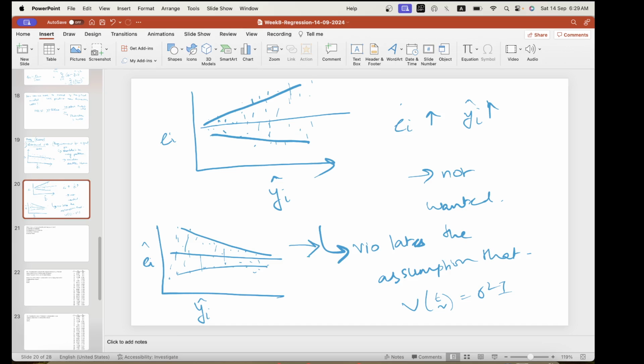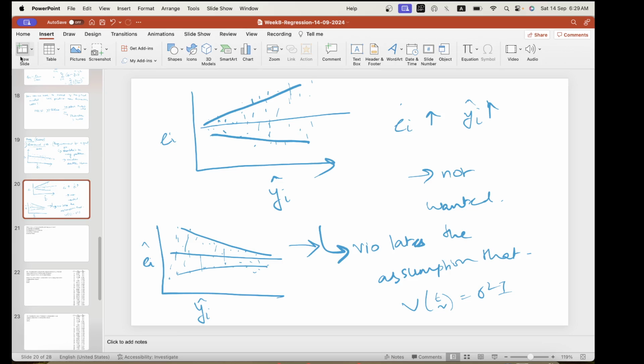So both of these are unwanted situations. In cases where such situations arise, we can use some transformation to make the variance stable. Those are usually known as variance stabilizing transformations.